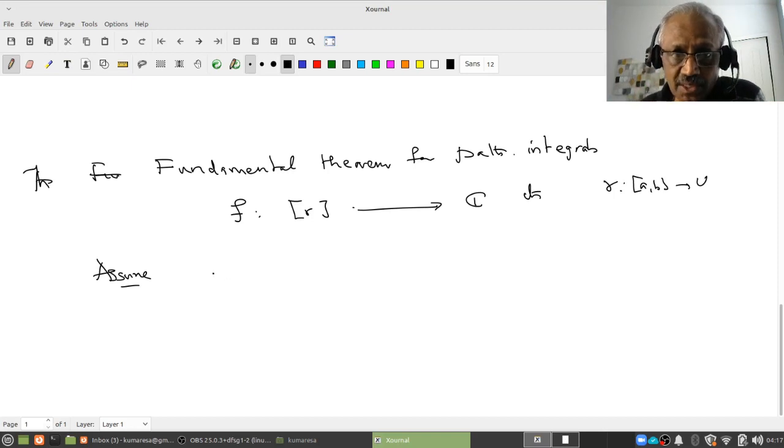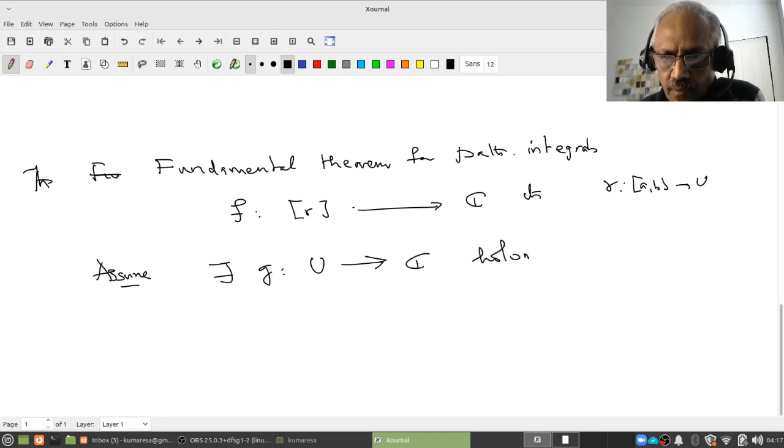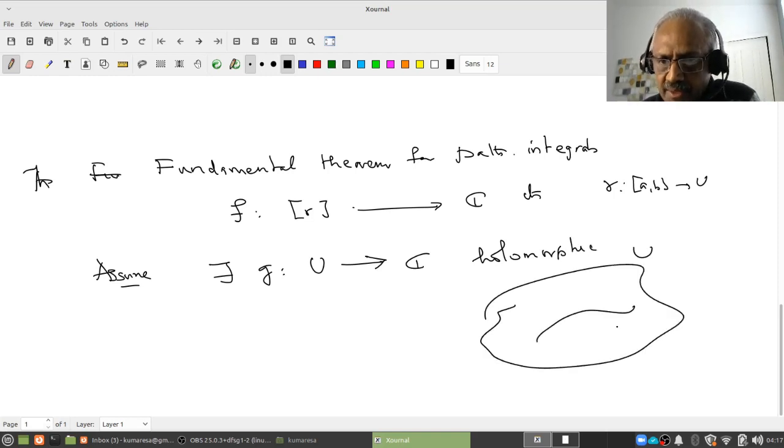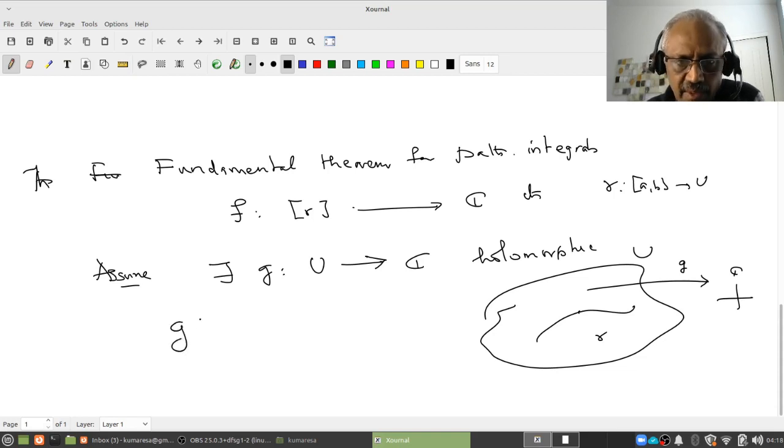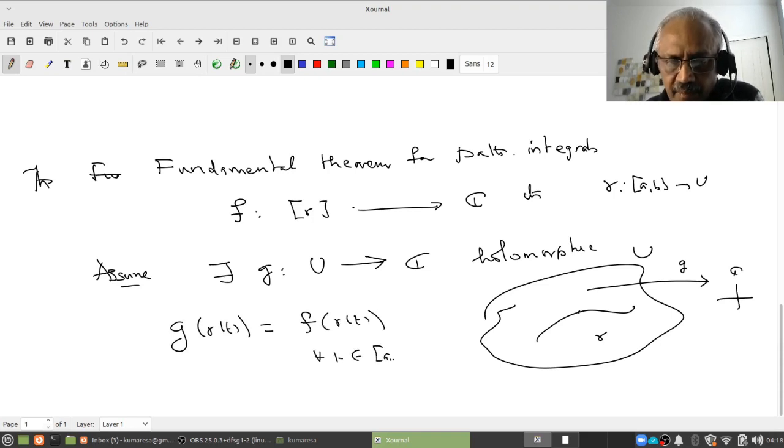Be very careful. Assume that there exists a g from U to C which is holomorphic, so that when I restrict it to gamma, this is my U and this is my gamma, and this is my g to another C, then g at gamma t is f at gamma t, for all t in a b.